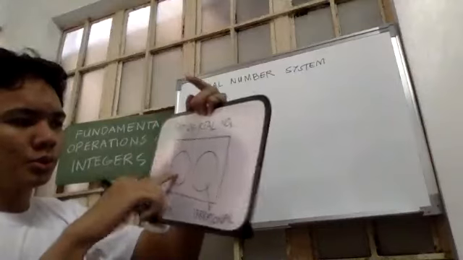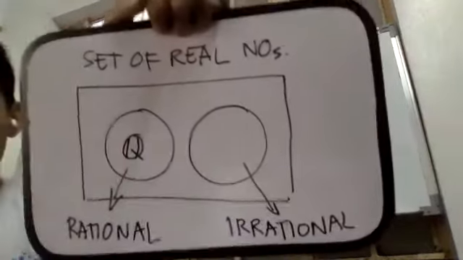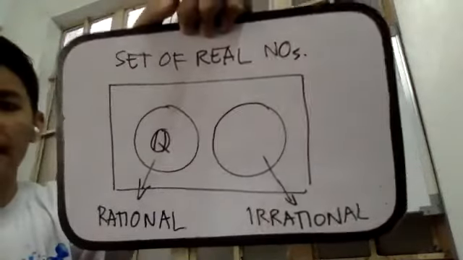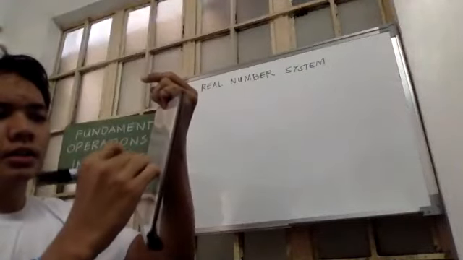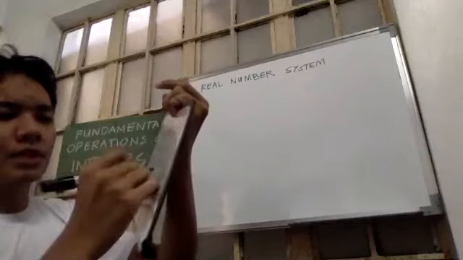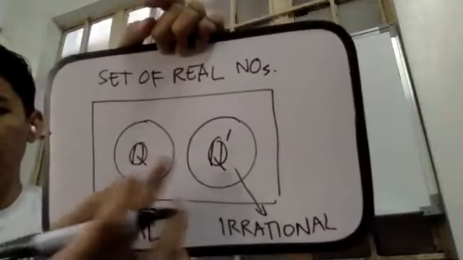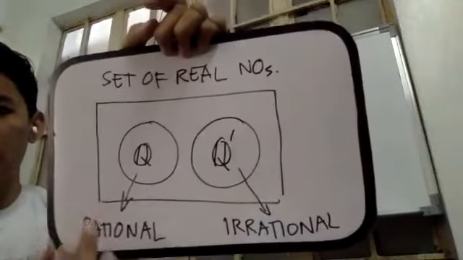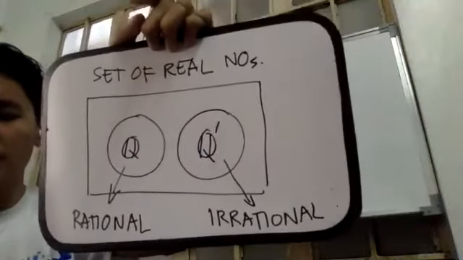So they have the symbols Q. Yung ganyang Q, yung may double line. That is for rational numbers. Now we have for irrational, Q din, pero may prime siya. So Q prime. So ibig sabihin, lahat ng laman ng universal set except Q. So ganun lang siya. Lahat ng hindi rational numbers, siya yung irrational numbers.